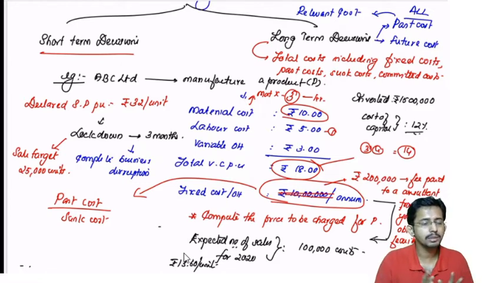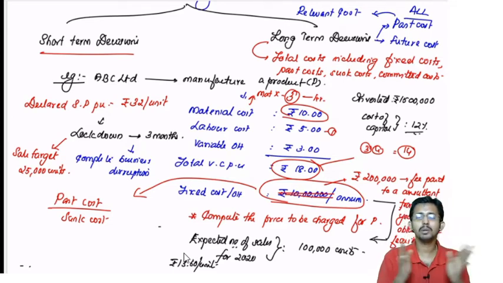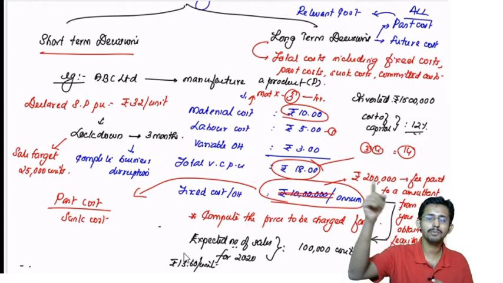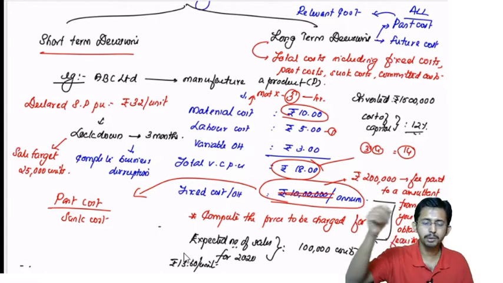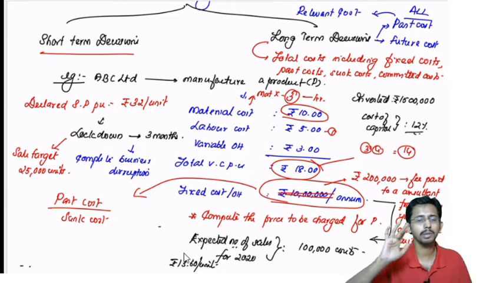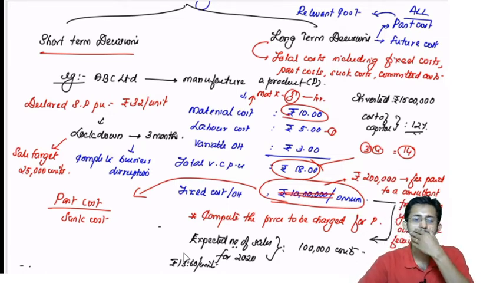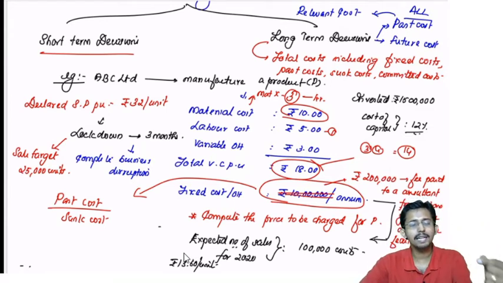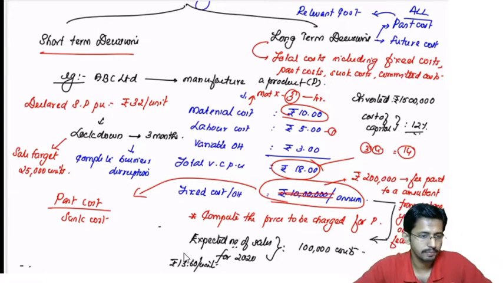If you don't reduce the selling price, you won't be able to sell any goods in these 3 months due to lack of demand. So you won't produce. So ultimately the question is whether to reduce the selling price from 32 to 20. If you reduce it to 20, you will manufacture 25,000 units and you will sell those 25,000 units. Is it clear? So for taking such a decision, you are considering only the relevant cost and not all the costs. Is it clear?